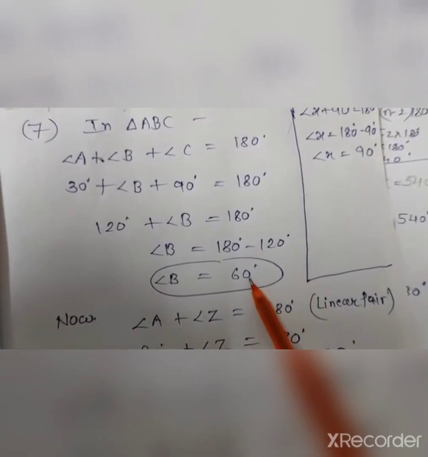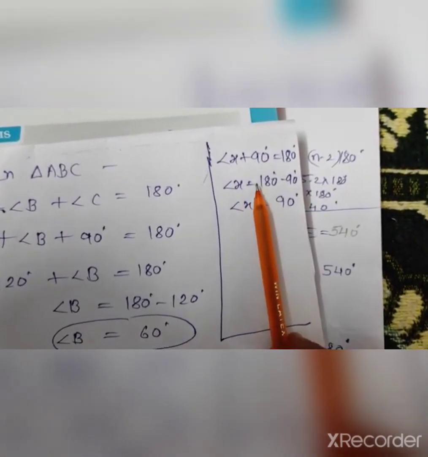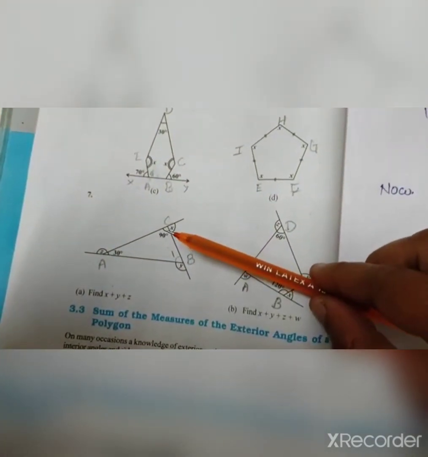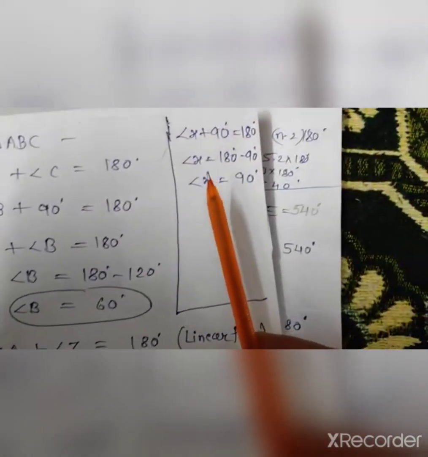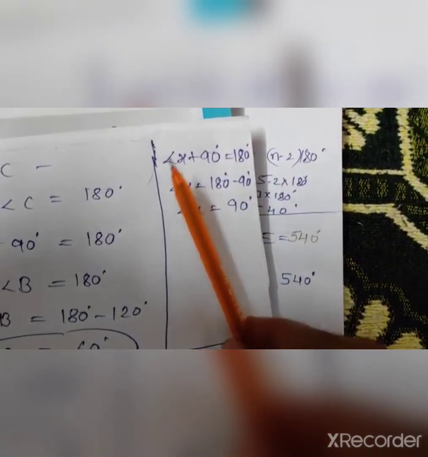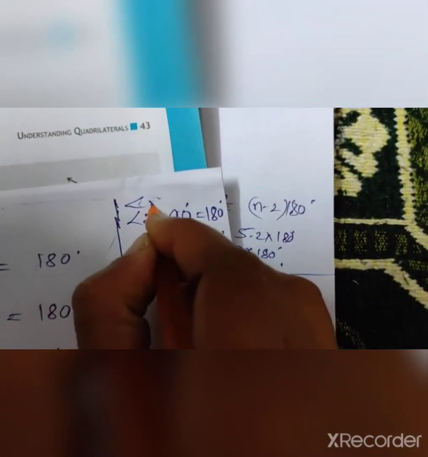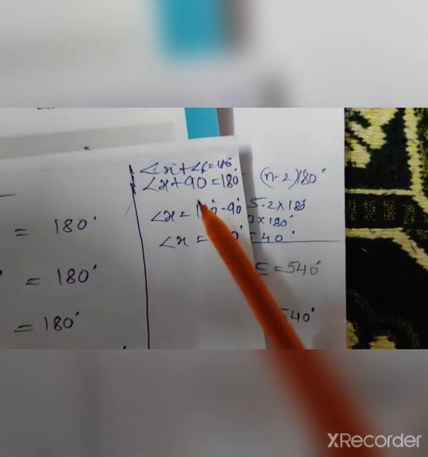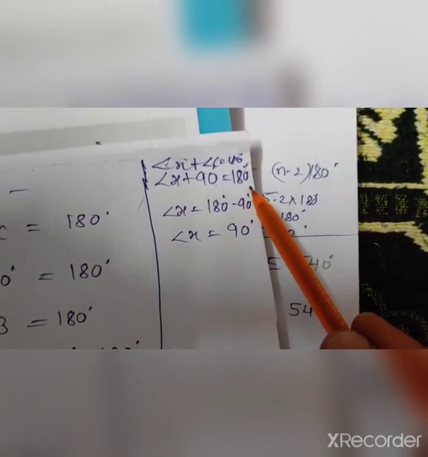You can see. Now angle X. See in the figure. Angle X is the exterior angle, C is the interior angle. So you will write angle X plus angle C is equal to 180 degrees. Reason is linear pair. So angle X plus 90 degrees is equal to 180 degrees.